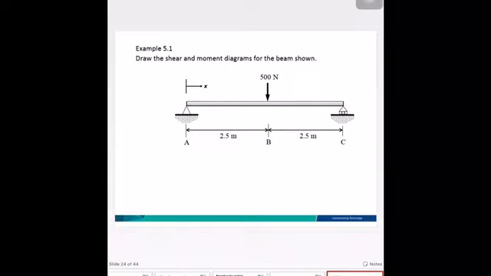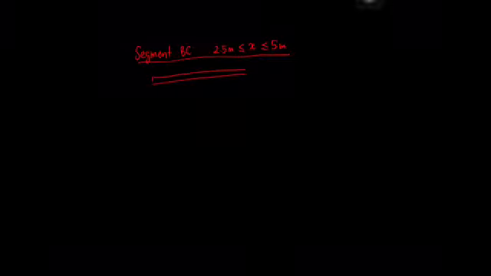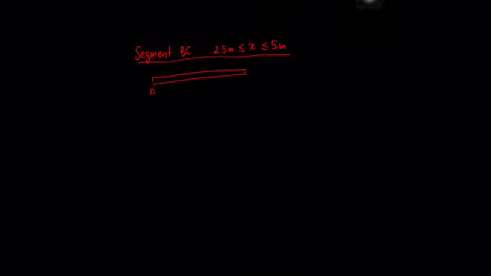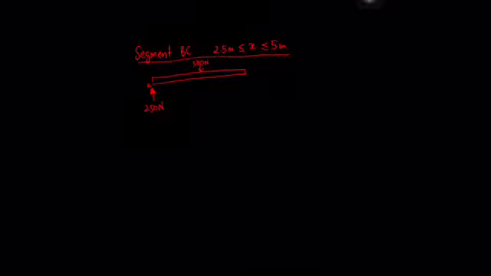And then you do the same for segment BC. Since you have the symbol, you need to take the beam from A. So this is your A, which is the value is 250 Newton, and at point B you have 500 Newton, and this is point X, small x.